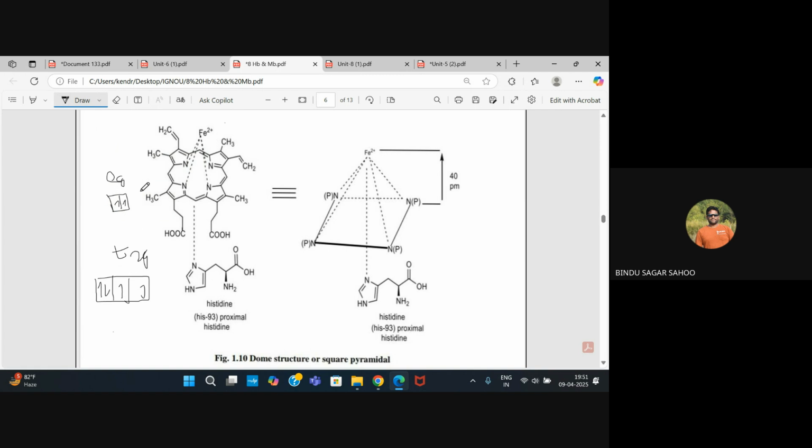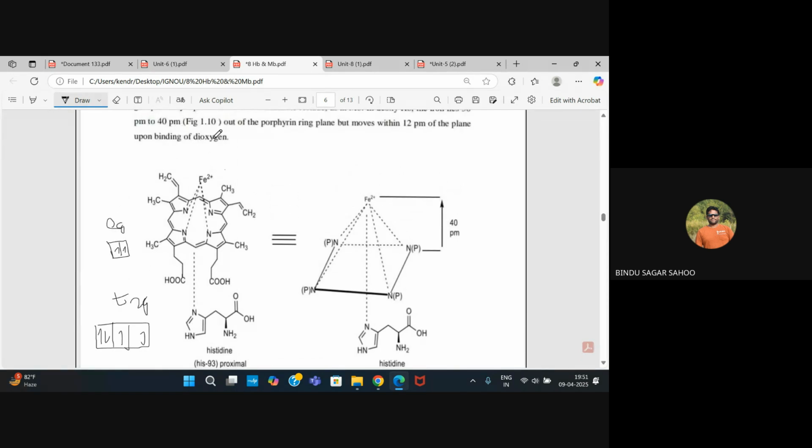But in this condition, the Fe2+ ionic size, the metal ionic size, is a little bit more. When Fe2+ is in the high spin condition, or deoxyhemoglobin condition, it is available.